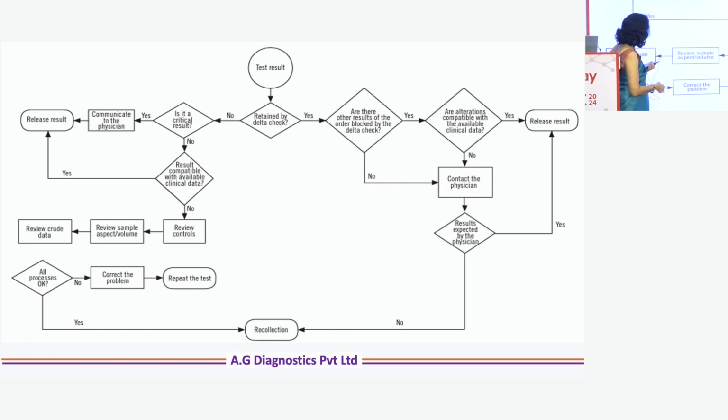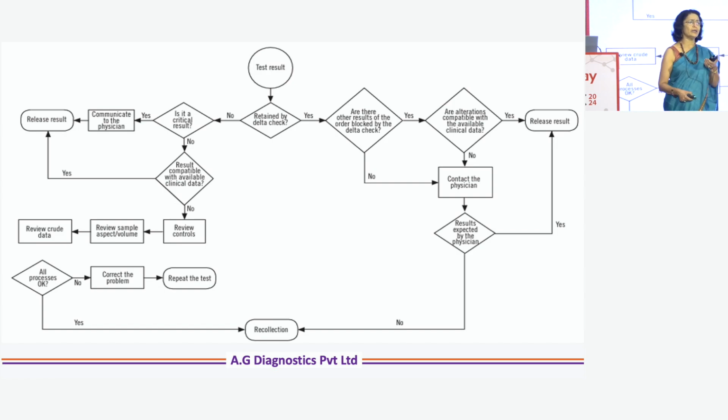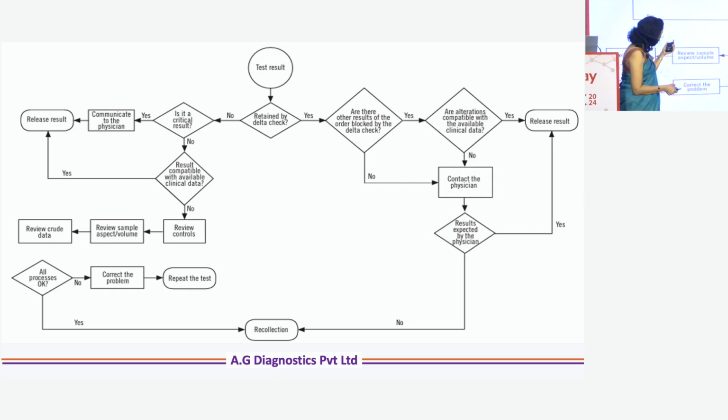If at all, you have to also do a review of the controls, review sample aspect and volumes, review the raw data if required. So this is the entire process which is happening in your head, my head, when we are releasing a report. So all this has to be incorporated now into your auto verification algorithm.